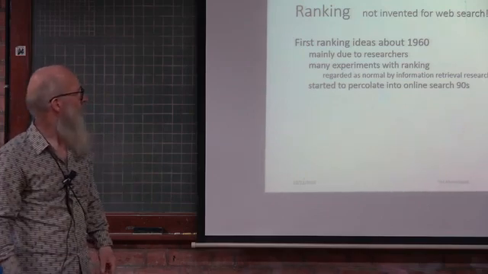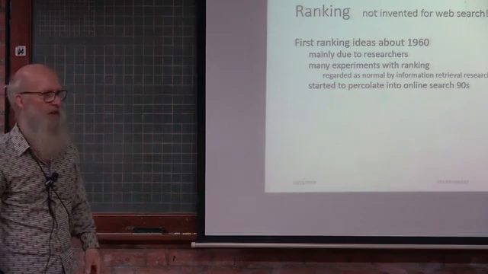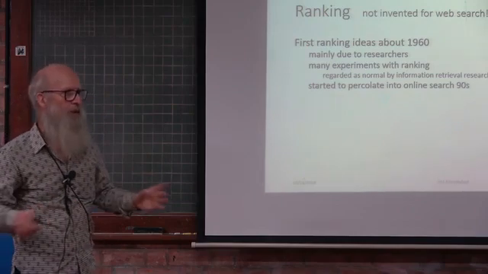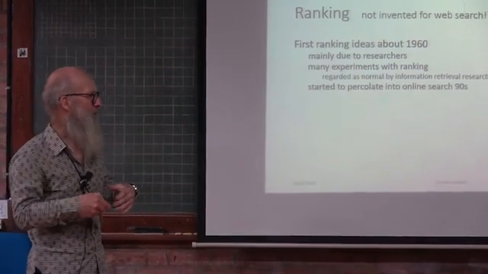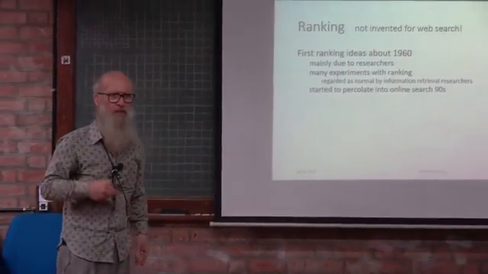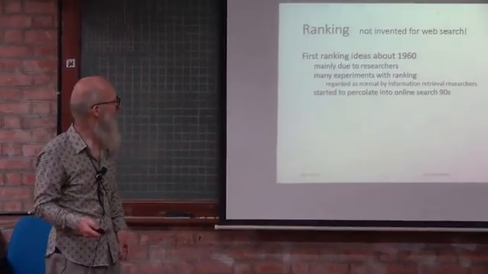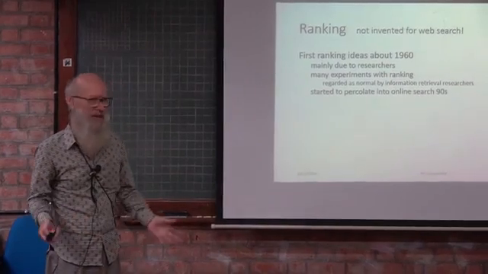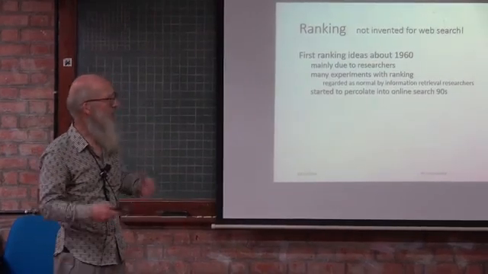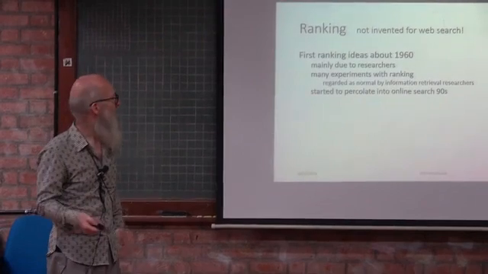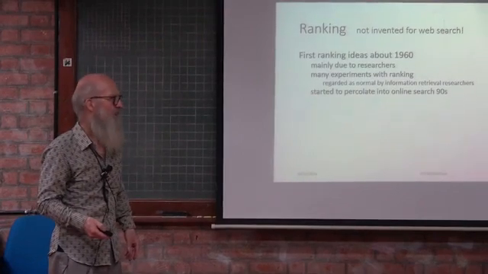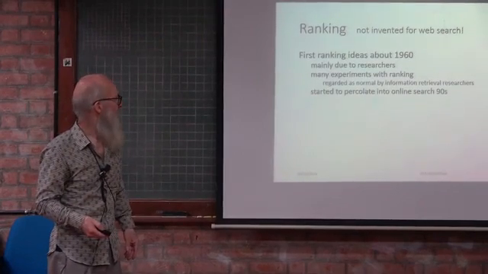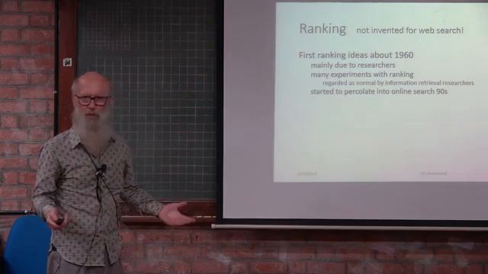So it was a research idea, but it started a whole area of research. Within a few years after that, there were a number of people worldwide doing research into information retrieval, mostly using ranking ideas. So it became regarded as a norm. By, let's say, 1970, it was absolutely the norm.